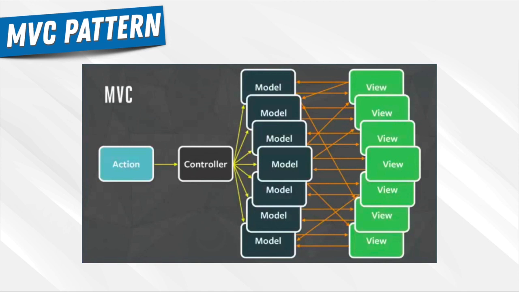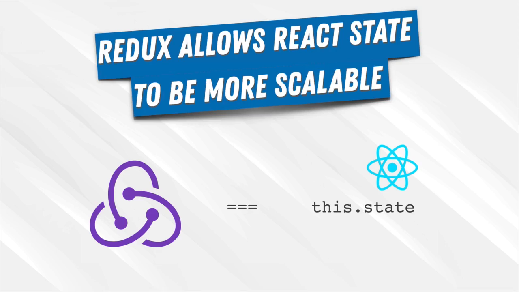If you get anything out of this video, the one thing I want you to understand is the idea that Redux, at the end of the day, is pretty much the same as this.state in React. With Redux, we can replace this.state and theoretically remove all of this.state from React and have it all happen inside of this Redux library, which again, we're going to do.